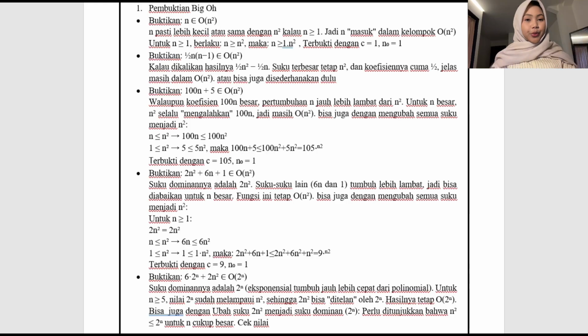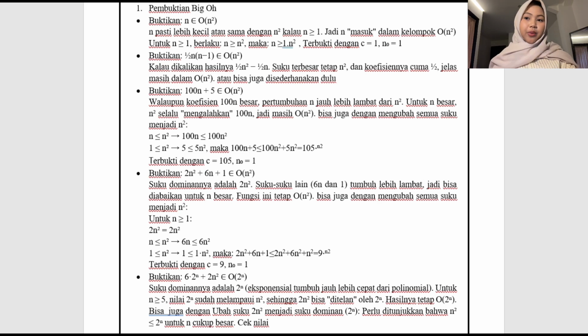For the second program, the rule is simple. To prove f(n) belongs to O of g(n), we must find constants c and n0 such that f(n) is at most c times g(n) for all n greater than n0.